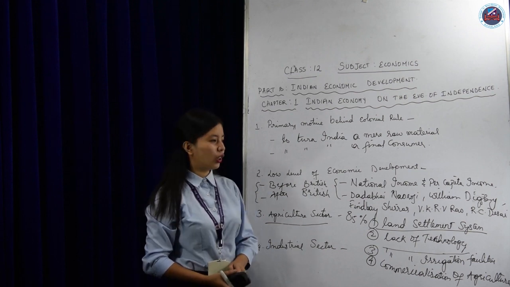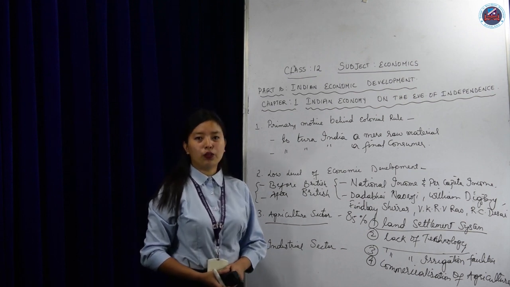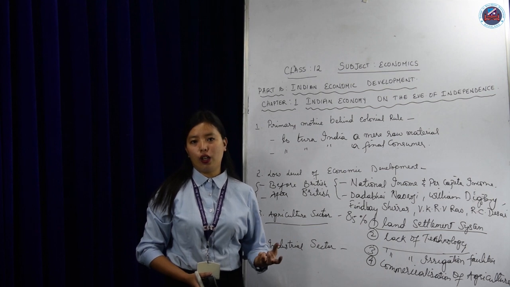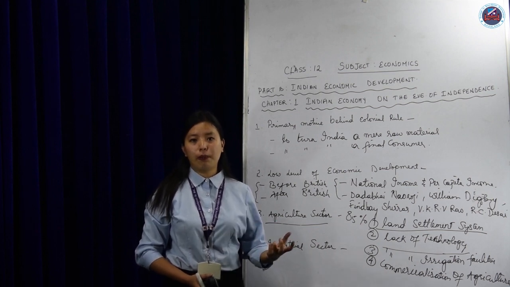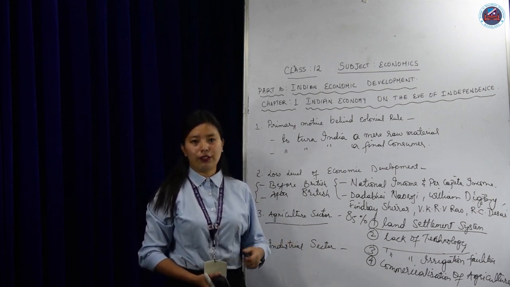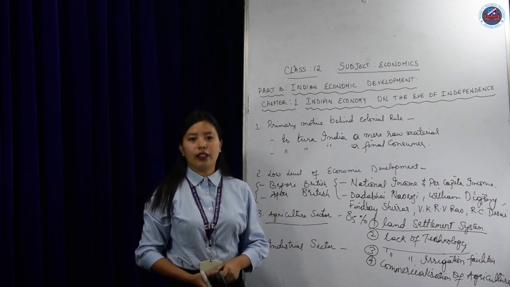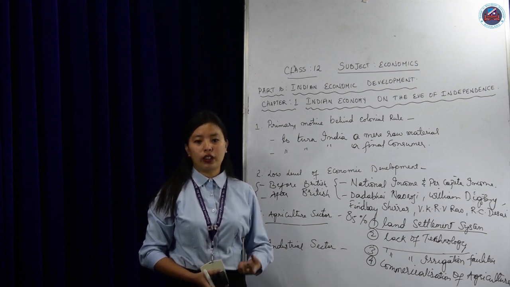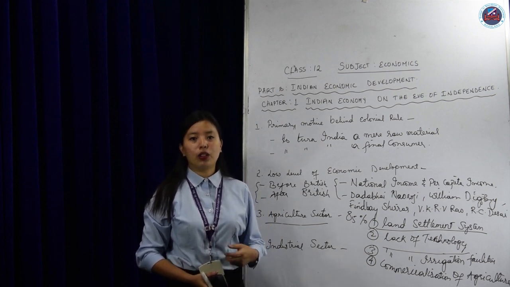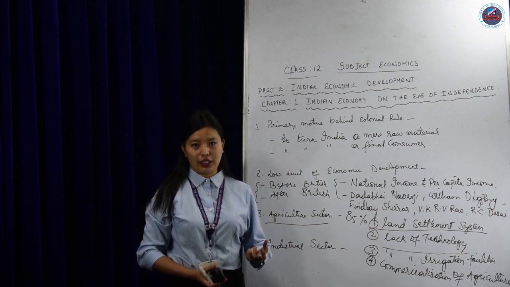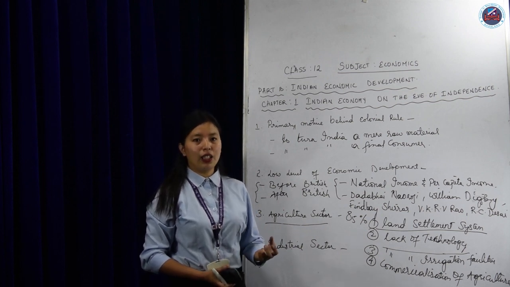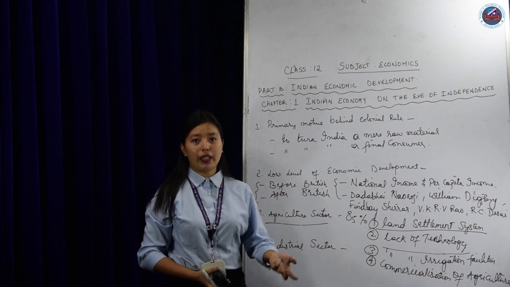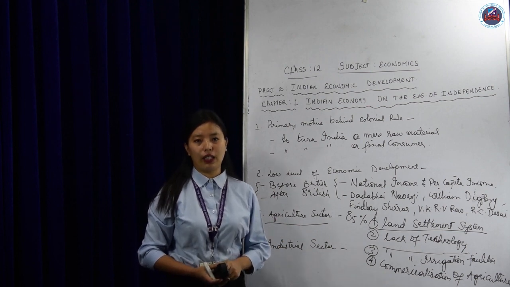During the British colonial rule, the farmers focused more on the production of crops for the market rather than for self-consumption. That is the reason why the farmers produced more cash crops like cotton, silk and indigo, because ultimately these cash crops were needed by the British in their home country for industrial development.